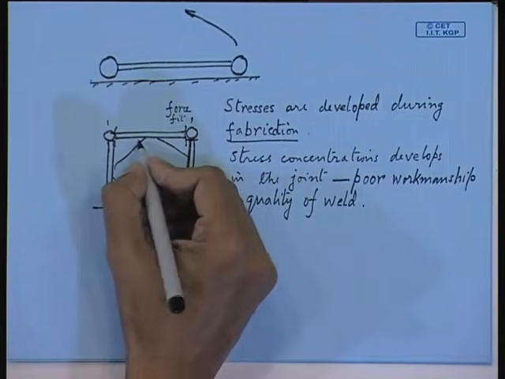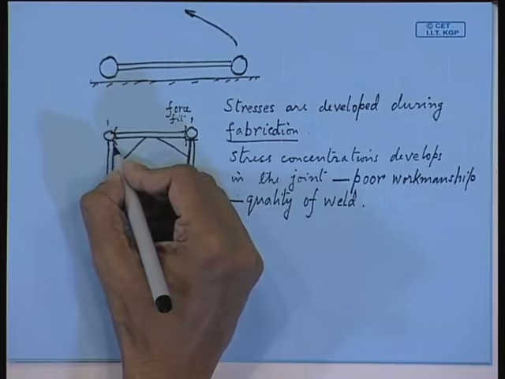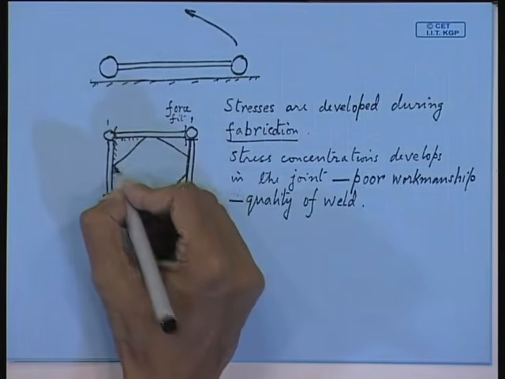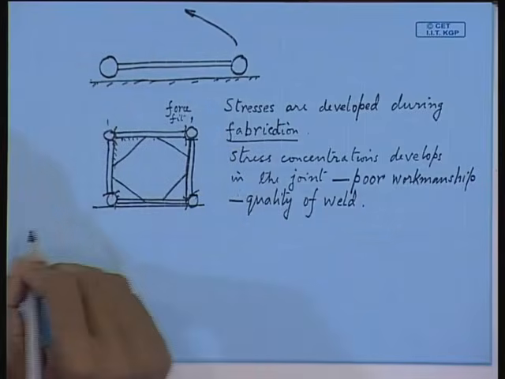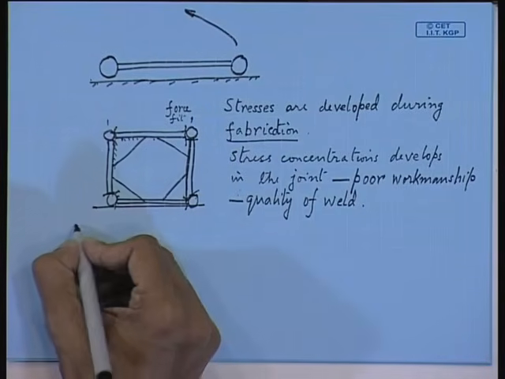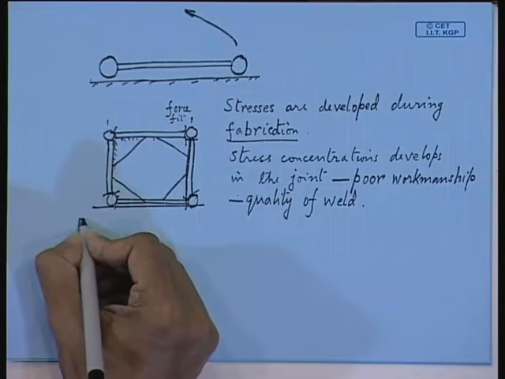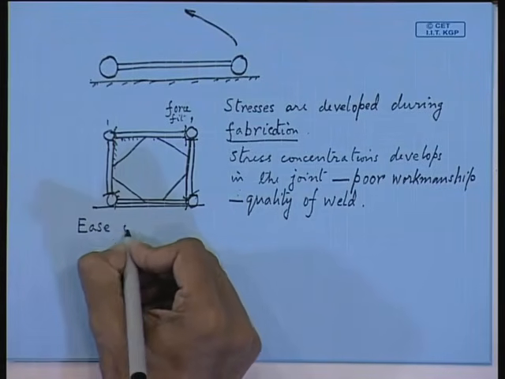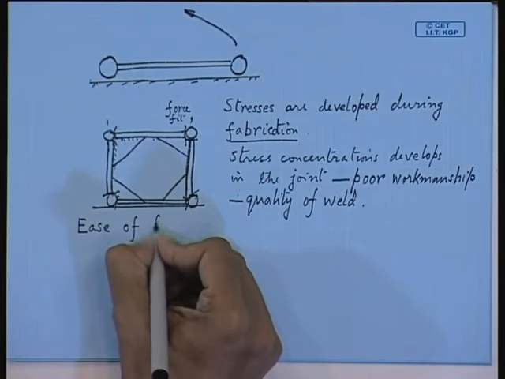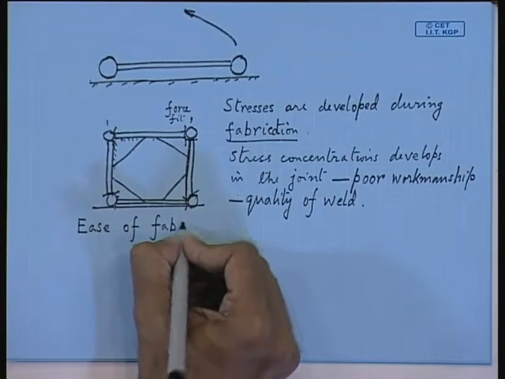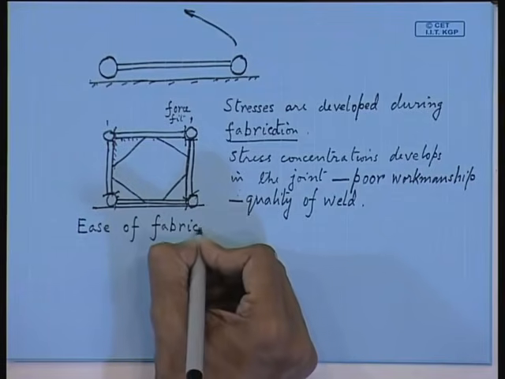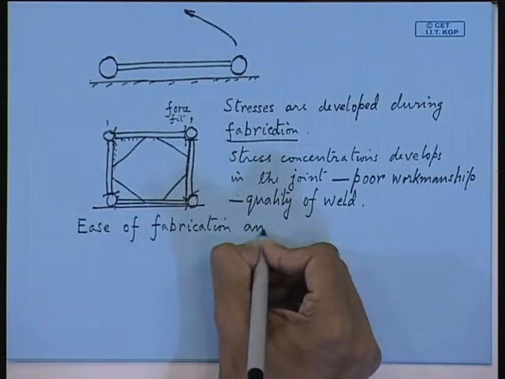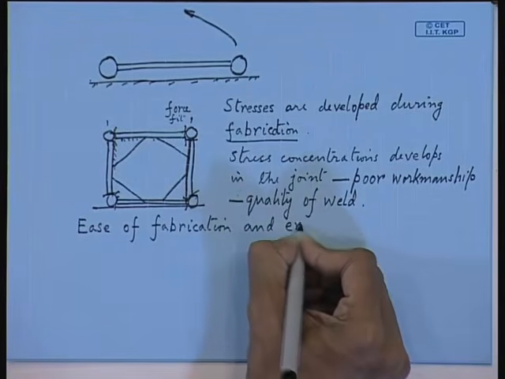Anyway, so this is what is coming up right here. So, the problem with the jackets is in shipbuilding or these platforms, you always go for ease of fabrication and also erection.